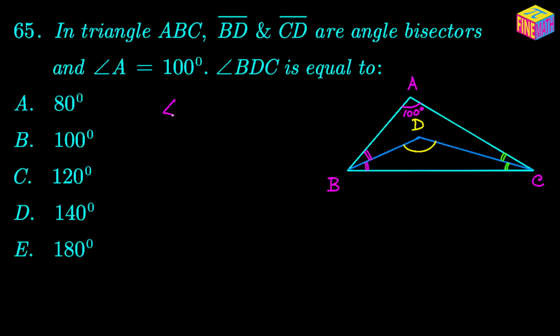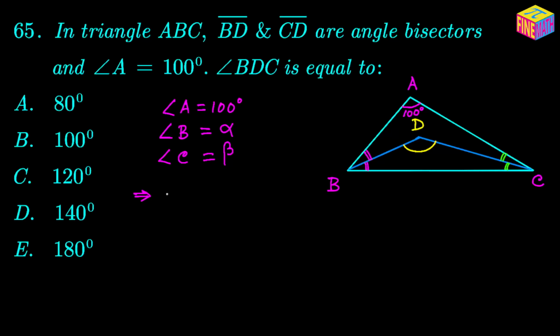We have angle A equal to 100 degrees, and angle B we don't know, so let's assume this is alpha, and angle C we also don't know, so let's assume this is beta. In that case, what is alpha plus beta? For any triangle, the sum of the three interior angles is equal to 180 degrees.